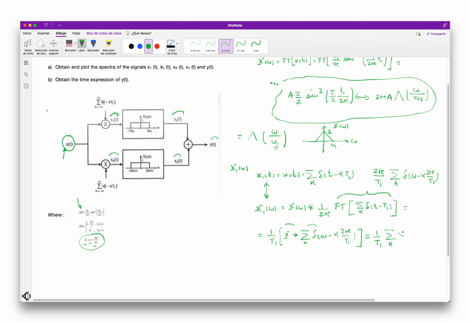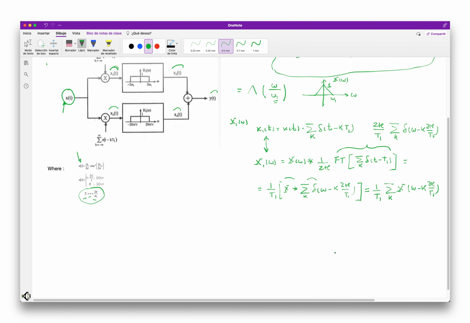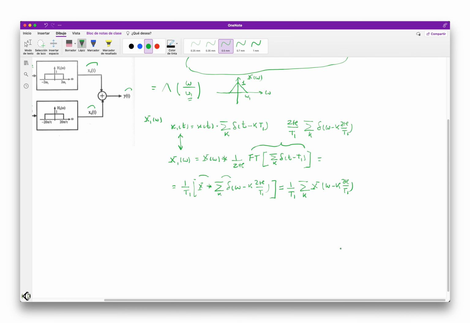So this will transform into the x signal displaced or moved to where the deltas were. Okay, so that's it. So let's draw this, and we will see something interesting here.